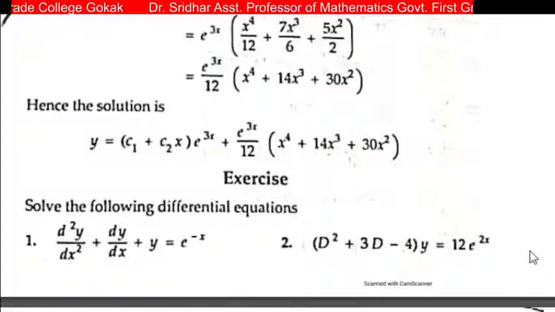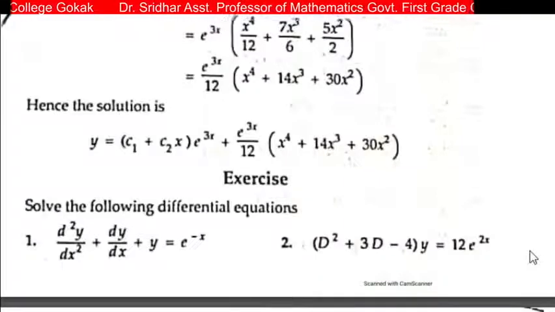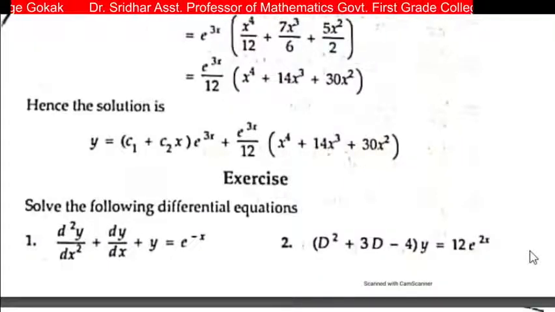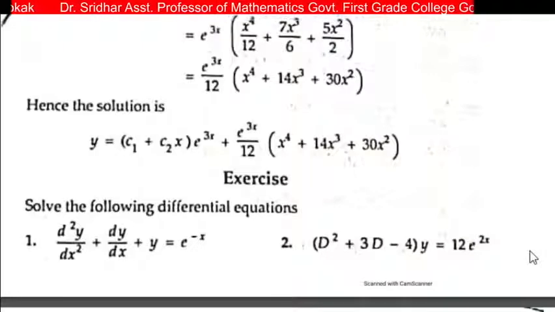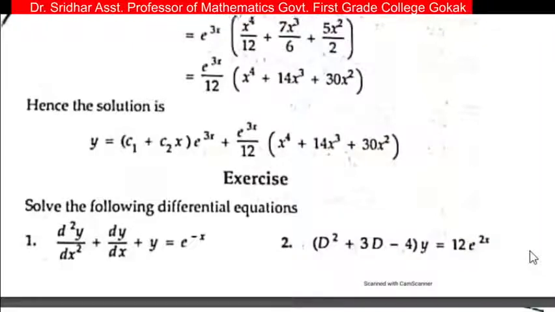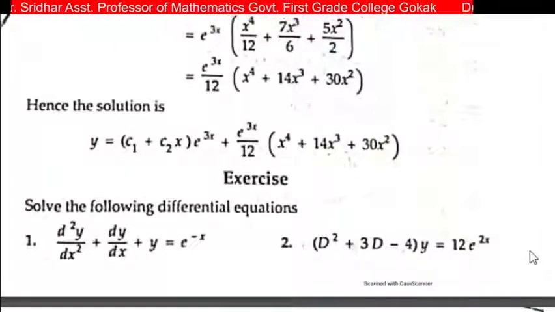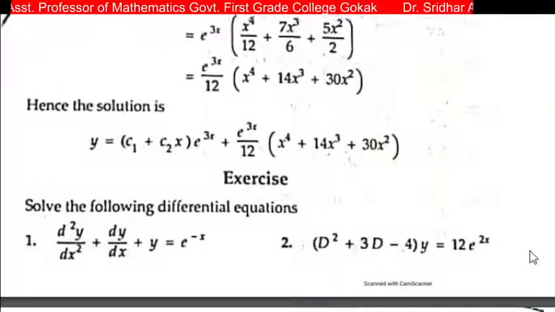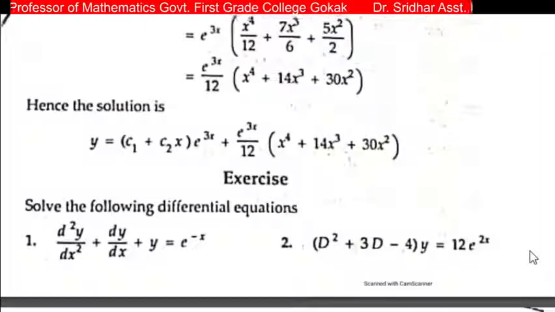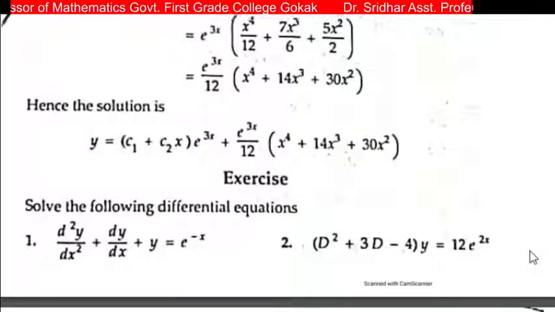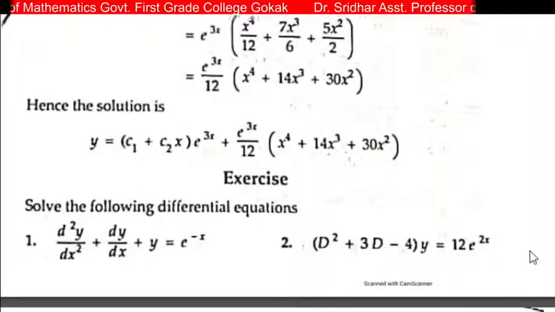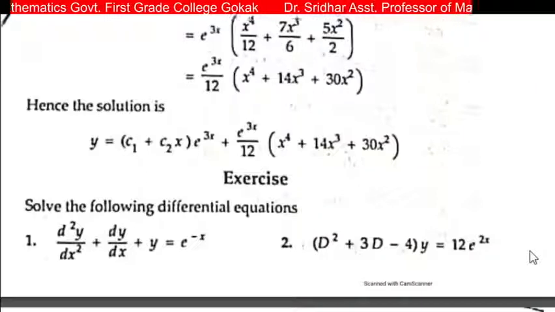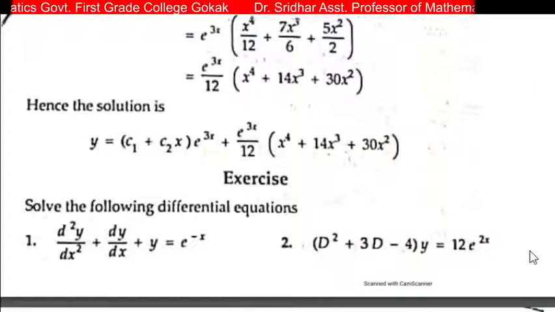So today we solve problems on Cauchy's homogeneous linear differential equation. In the last classes we have seen the solution of linear differential equation with constant coefficients where f of x is equal to 0.